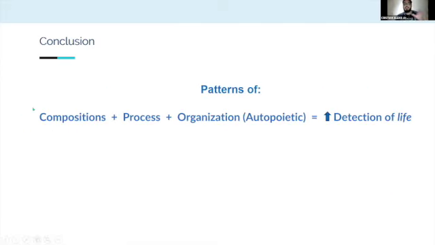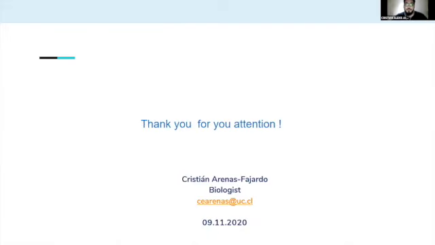This idea is not exclusive. On the contrary, it is complementary to the current strategy. Taking patterns of composition, patterns of process, and the new pattern of organization, specifically the autopoietic pattern, to improve the probabilities to detect germs of life. Thank you for your attention.